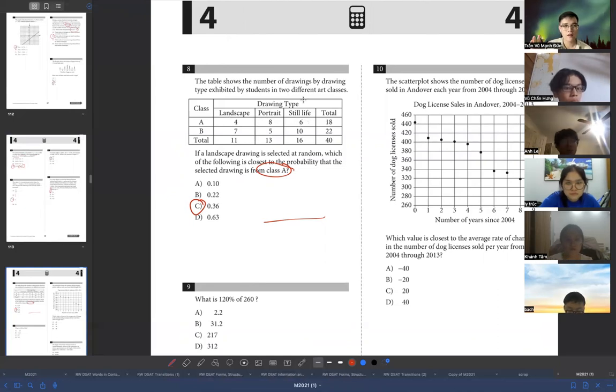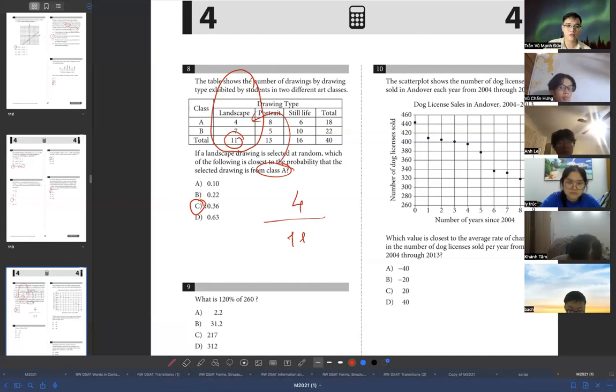But we're going to start off with the biggest possible sample size, which is the denominator. In this case, landscape drawing has the biggest population, so I'm going to circle this column, landscape, with a total of 11. So the biggest population size will be 11, and we plug in the requirement of the prompt, which is 4. So this is 4 over 11, and the answer is C, 36.